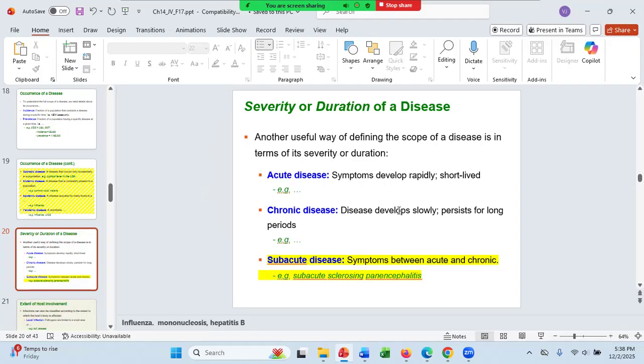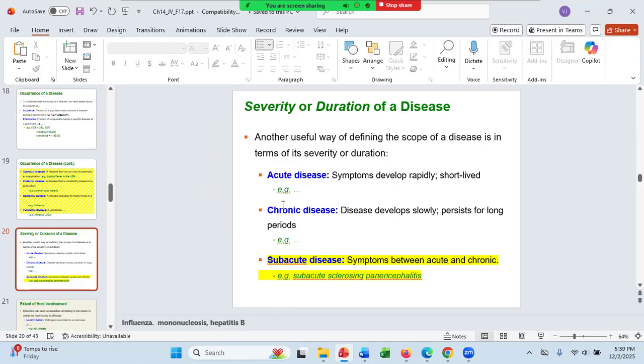And then when you recover, the disease goes away. Hepatitis B patients, the disease, at least in some patients, does not ever go away. You just have recurrent inflammation of the liver, and your liver gets more and more damage. Sometimes that leads to liver cancer. Any questions between acute and a chronic disease?